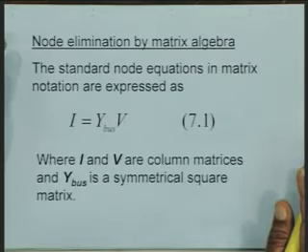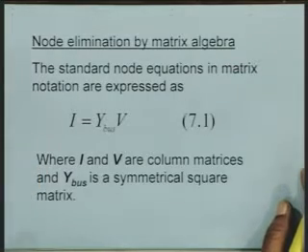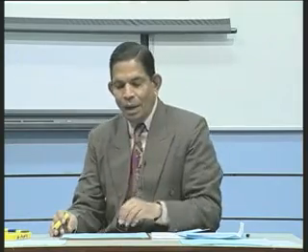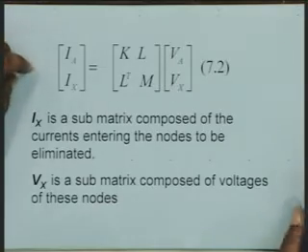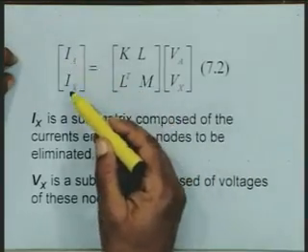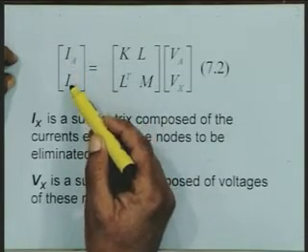Now, to understand how the nodes can be eliminated, we will partition this equation. That is, the current vector I can be partitioned into two subvectors. Similarly, the voltage vector will be appropriately partitioned, and then the Y bus matrix is also partitioned. After partitioning these matrices, we can write down Ia, Ix, this is the I vector, and Ia is a vector, Ix is also a vector.